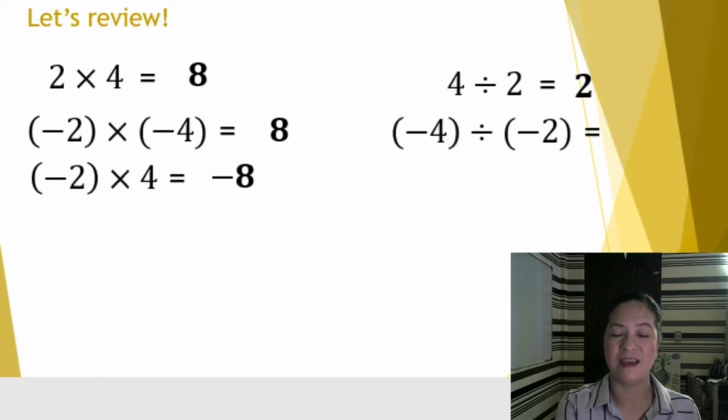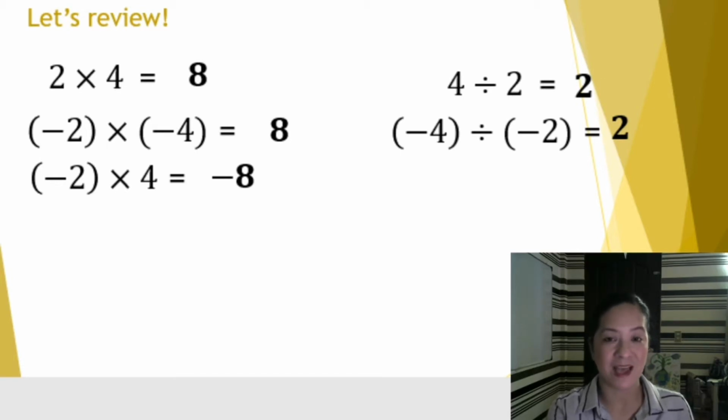Another one. Negative 4 divided by negative 2 is still positive 2. It follows the rule of multiplication, no? When you are dividing integers or multiplying integers having the same signs, the sign of the answer is positive.